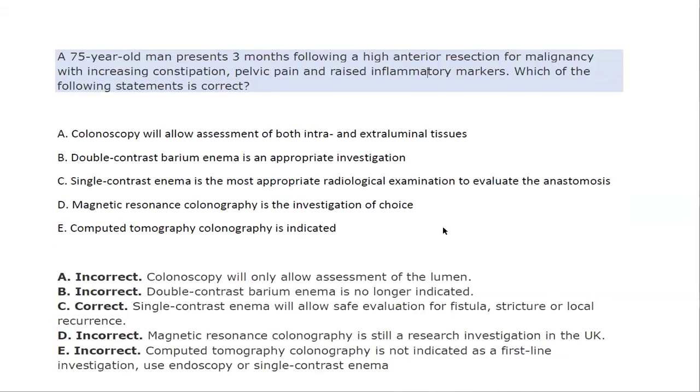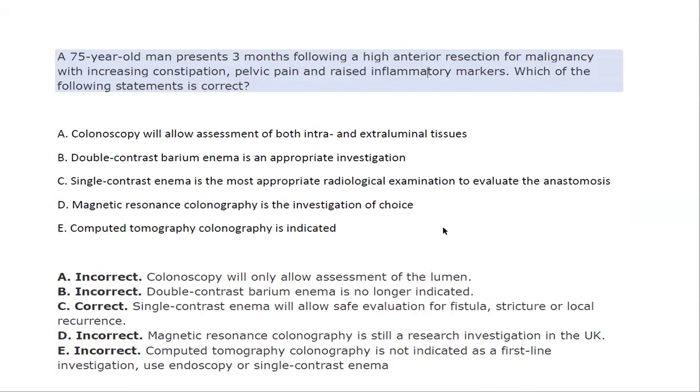Okay, you are going to use single contrast enema because you are suspecting a fistula tract, or maybe a stricture due to any cause, or local recurrence. You can also use water soluble contrast if you are suspecting leakage.